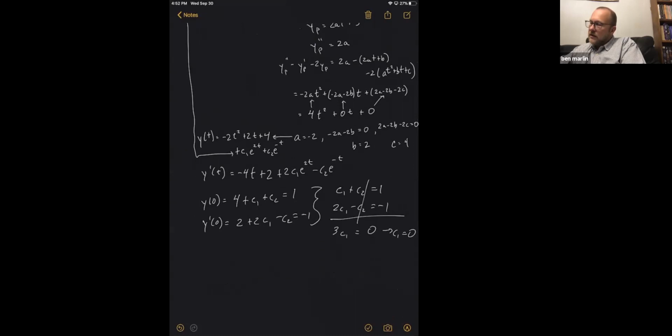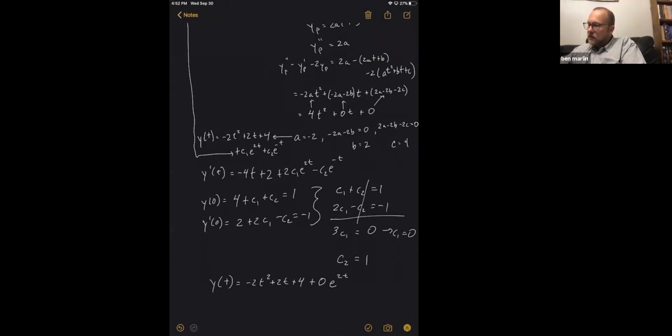And that being the case, then c2 needs to be 1, since it has to be plugged into either of those equations. So now our final solution here is going to be minus 2t squared plus 2t plus 4, and then plus 0 e to the 2t.